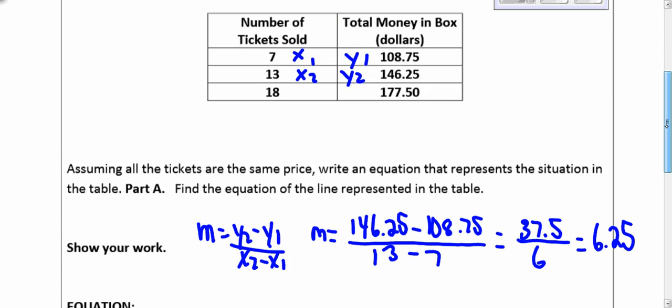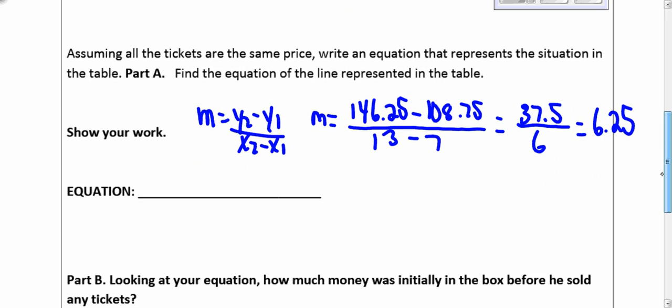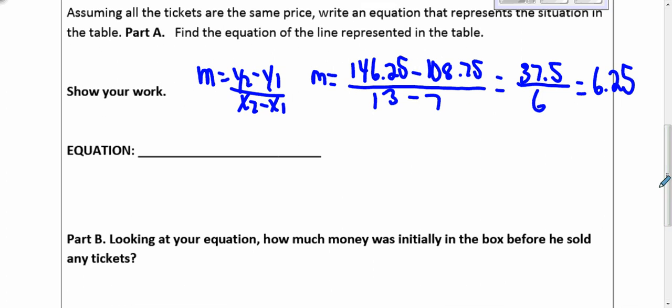Now you have to find your b. I'm looking for an x. This would be your x, this is your y, and there is no 0 here. So the b is missing. Every time the b is missing, you have to use the point slope formula.